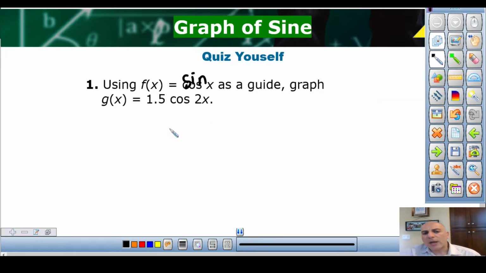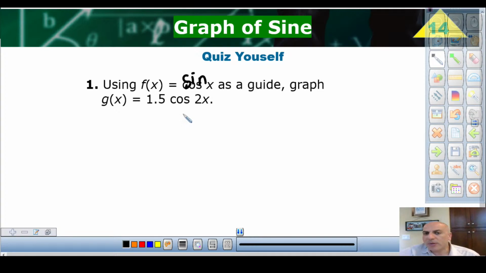Next. So using f of x = sine x as a guide, or the parent, graph this here by telling us the amplitude and the period. Graph this guy here, sine again. I apologize.